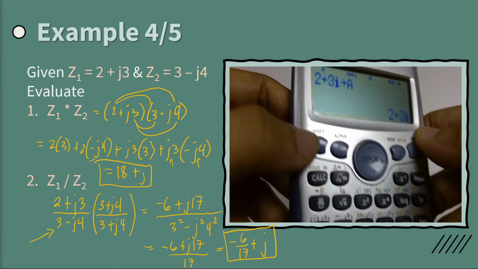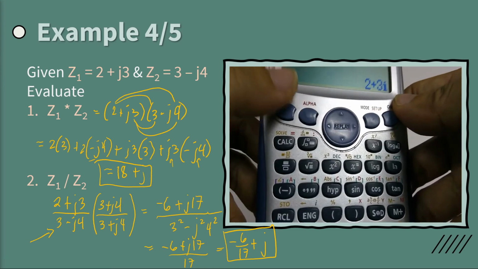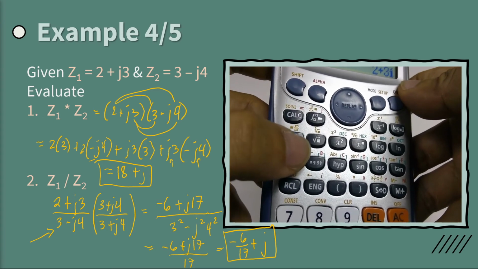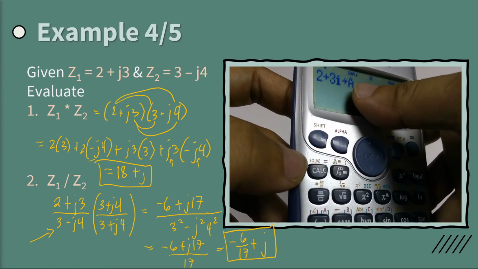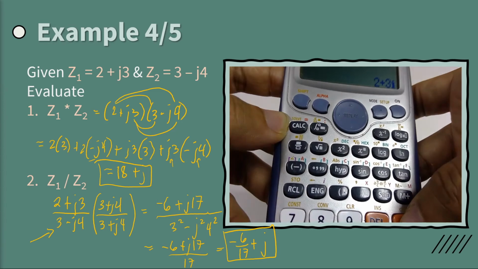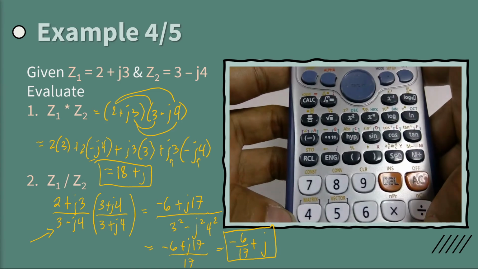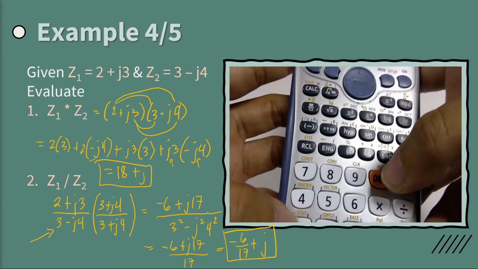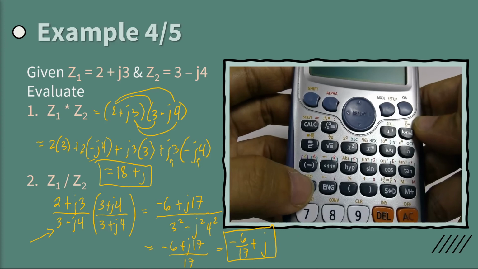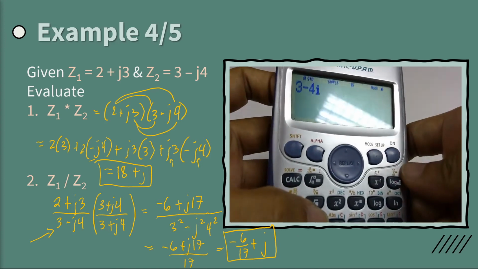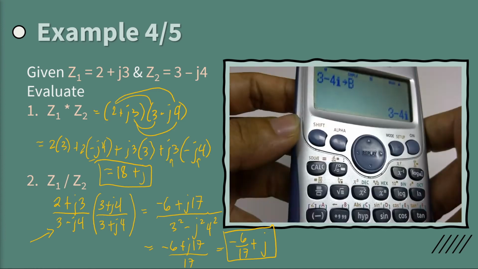Shift store is above 7, shift store A, or B or C. These are the variables. So I stored 2 plus 3i as A. Then I can store the other one, 3 minus 4i as B, with shift store and B. So I have A and B as my variables, so I can do the product.